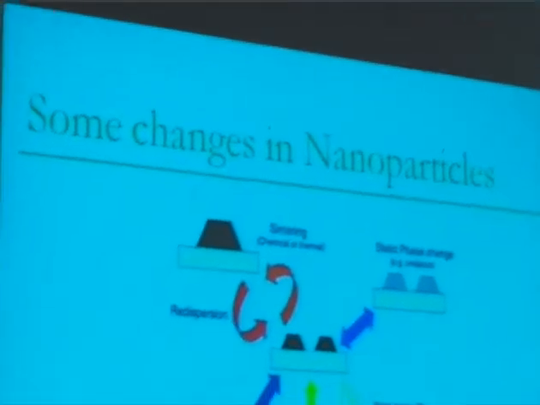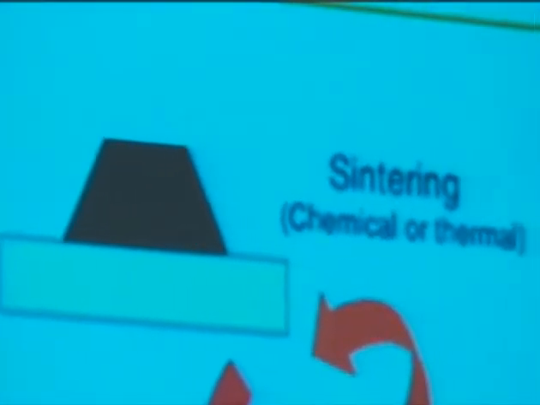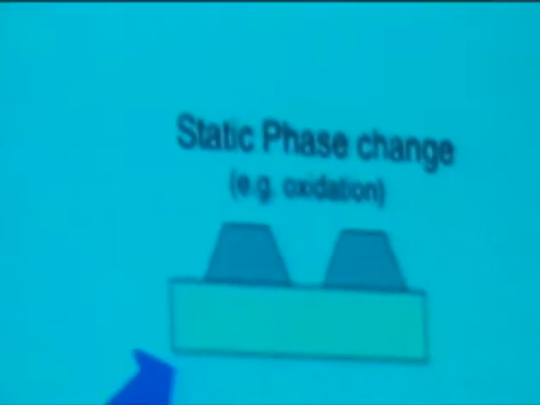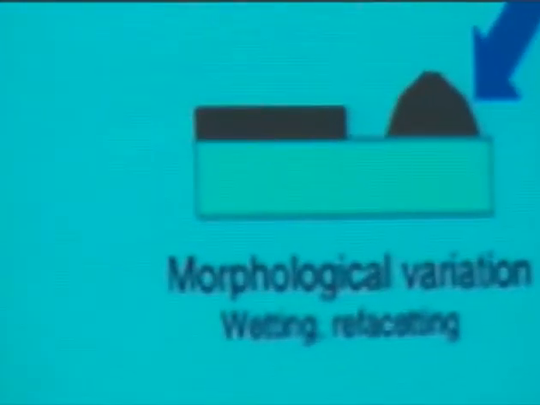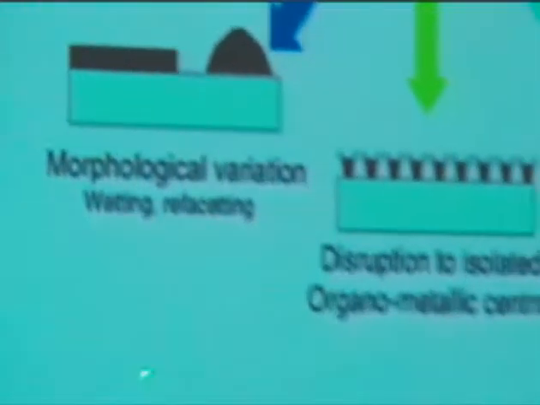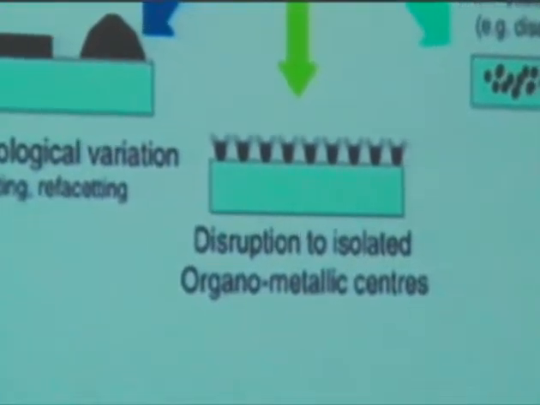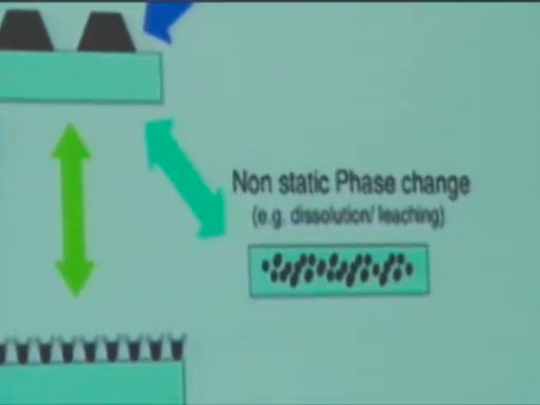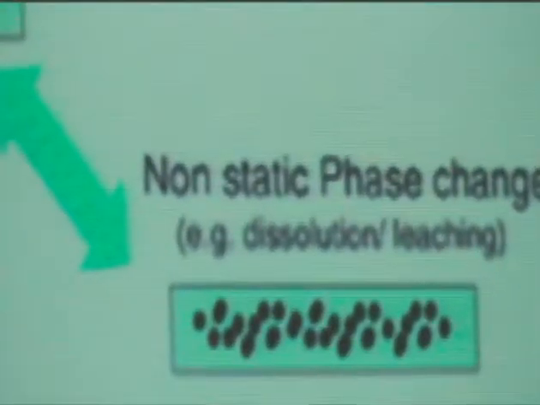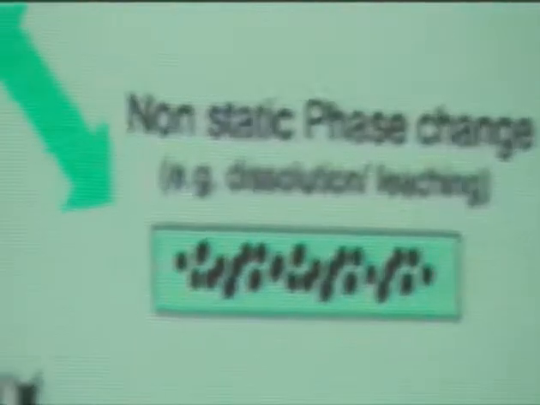So these are some of the changes that you may have in particles, in nanoparticles, and you can have either sintering, classical sintering, you can have redispersion, or you can have in situ changes depending on whether you have morphological changes. You can have a breaking up of the particles, many of the things that we saw today.